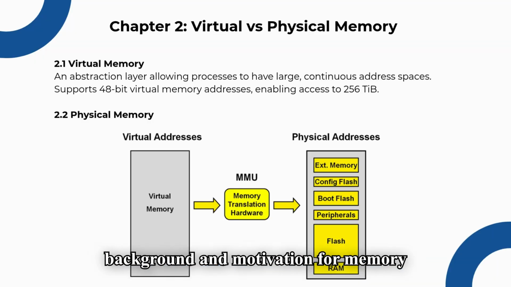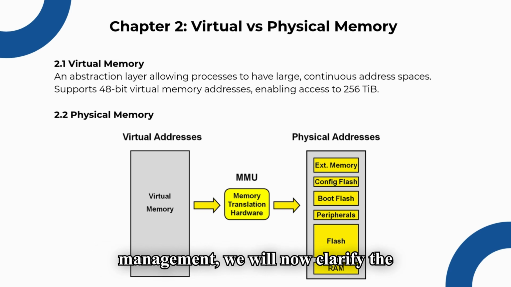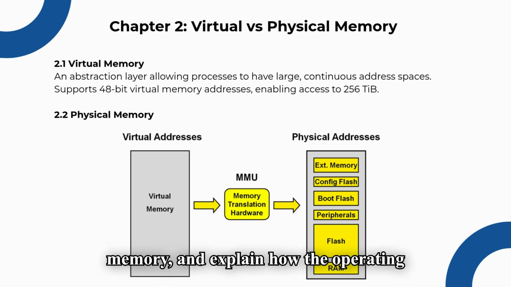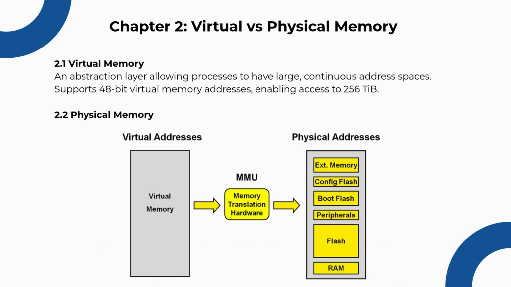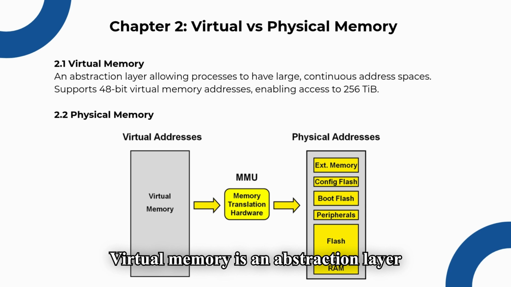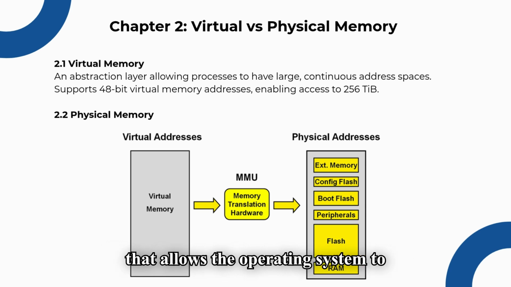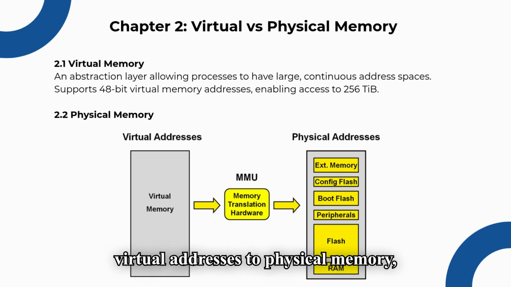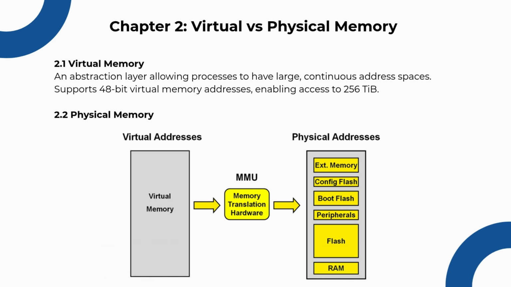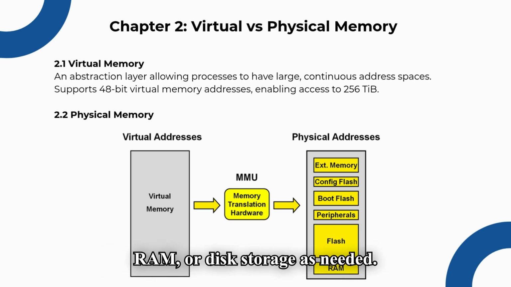Having established the background and motivation for memory management, we will now clarify the difference between virtual and physical memory, and explain how the operating system bridges the gap between them. Virtual memory is an abstraction layer that allows the operating system to present each process with a large, continuous address space. In reality, the operating system maps these virtual addresses to physical memory, RAM, or disk storage as needed.